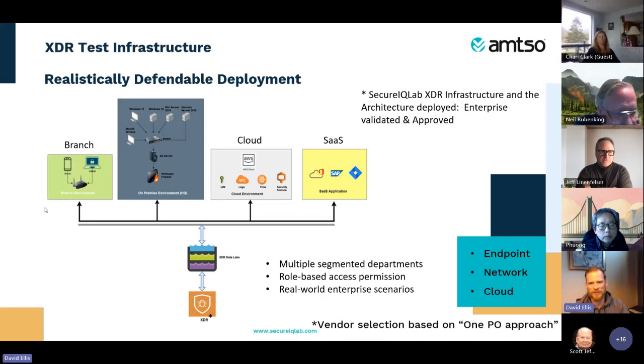This environment, we basically are looking at endpoint, network, and cloud. And then within the environment, we've got it segmented, we've got access controls, and we've got role-based access permissions. Meaning that, for instance, we've got different use cases for the sales team versus the financial team.